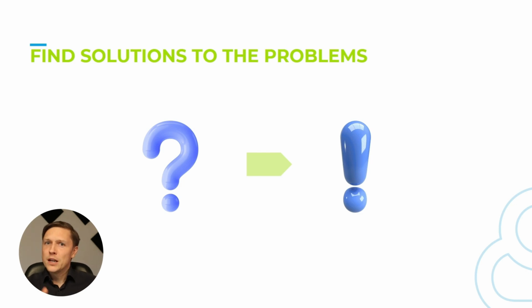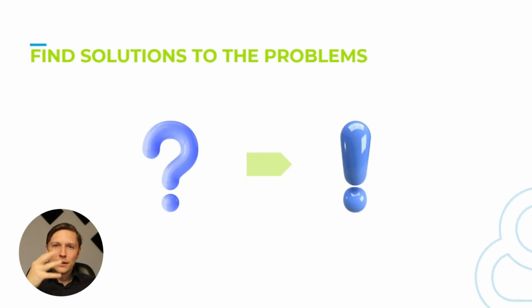So this solves already one problem that is the first step to your main service. And if you help your future customer already with the lead magnet so much that they are enjoying this and that they find really value in it, then they are more likely to buy your main service afterwards.